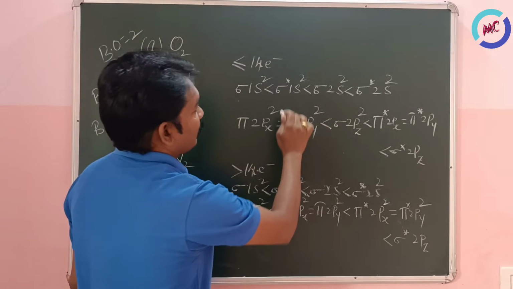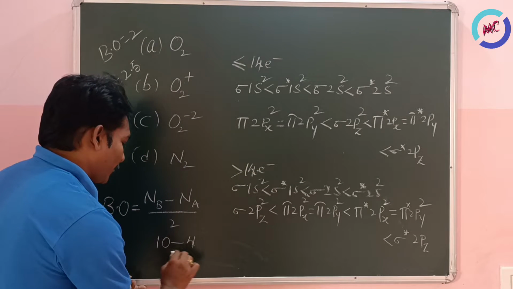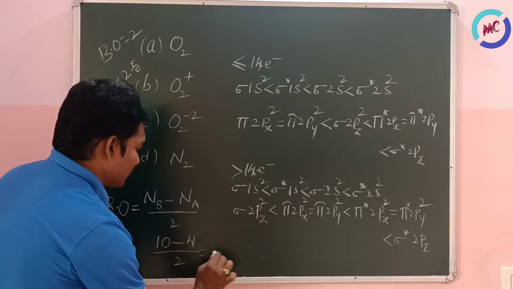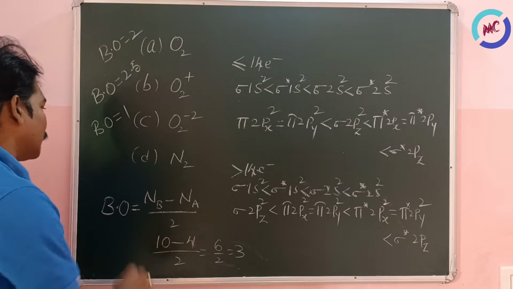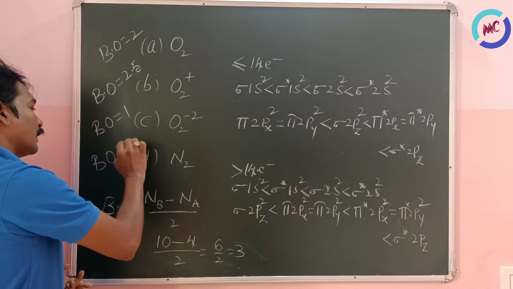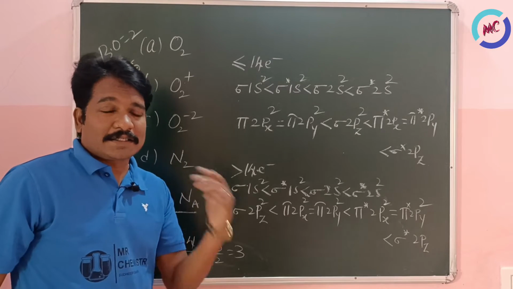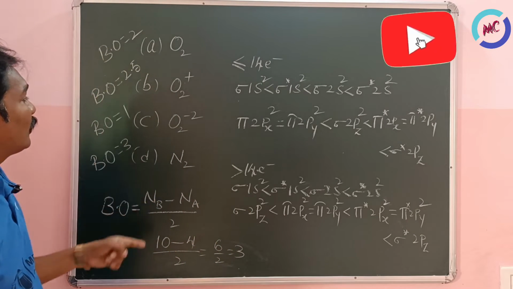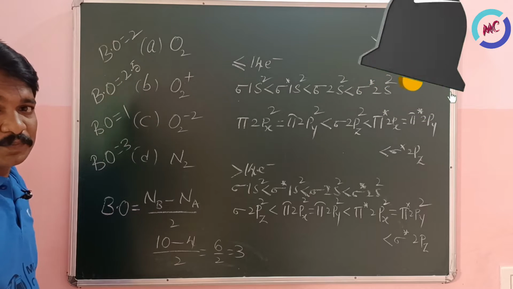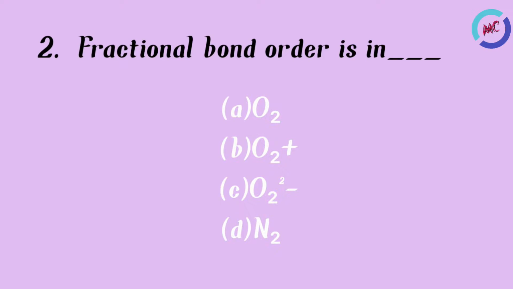Minus number of antibonding electrons, 1, 2, 2 twos are 4. 10 minus 4 by 2, that is equal to 6 by 2, that is equal to 3. Therefore, bond order is 3. Now, what are they asking? They are asking which one has fractional bond order. O2 plus has fractional bond order, 2.5. Then what is the answer? Option B is the right answer.